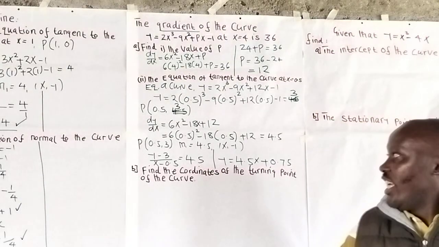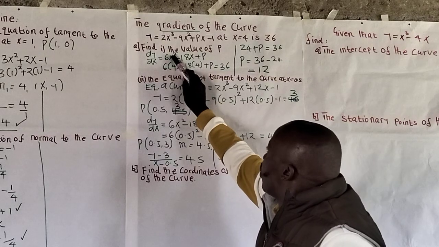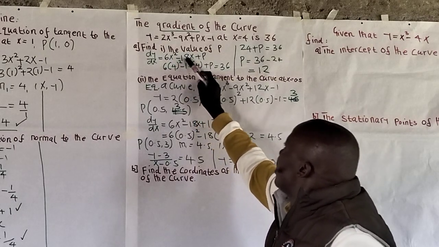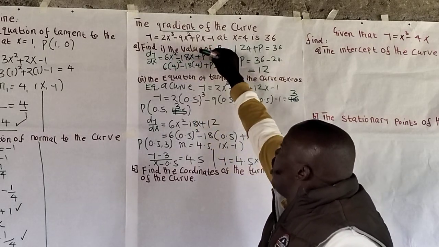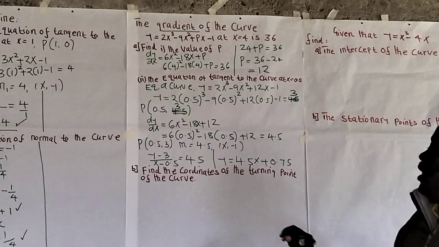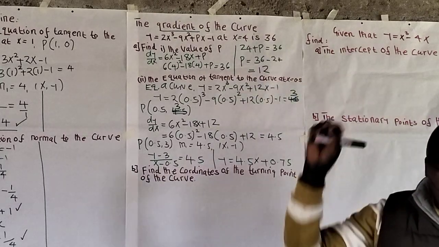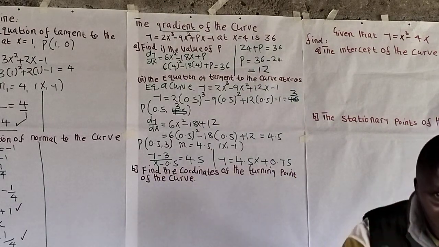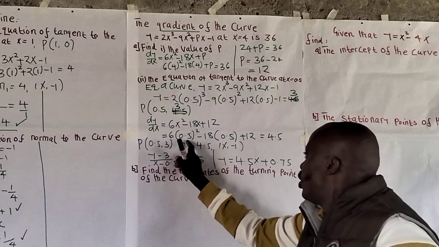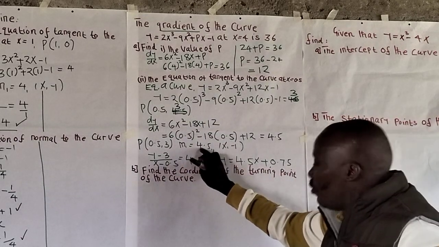Then we have the gradient. What was our gradient? The gradient is 6x squared minus 18x plus 12, where 12 was the value of p. Then we have been told the value of x is equal to 0.5. When the value of x is 0.5, what is that gradient? You also substitute 0.5 here, and you get that the gradient is equal to 4.5.